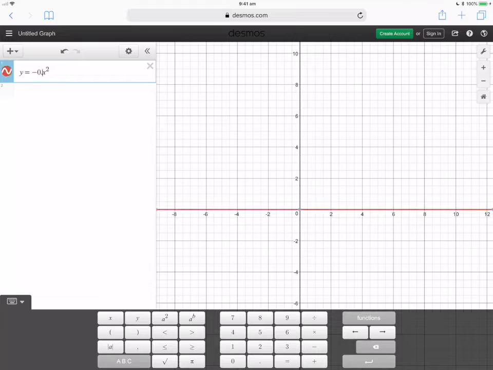Perhaps that's a bit too wide actually, 0.05, there you go. So the number in front of the x squared changes how wide the parabola is and whether it's a happy or sad parabola. Okay, so that's one thing we can do to affect the shape of the parabola.